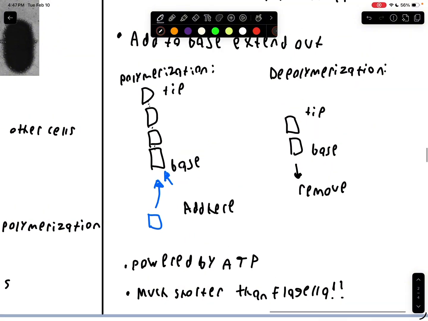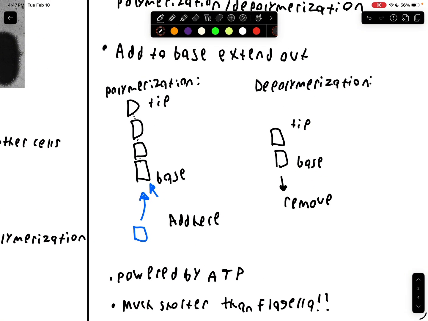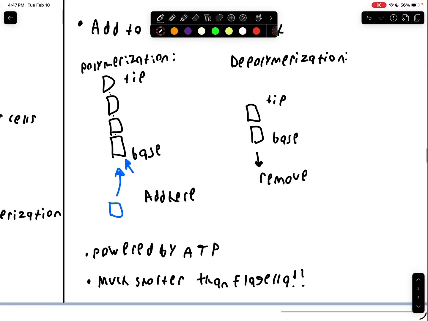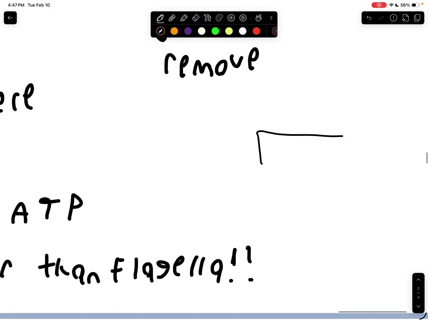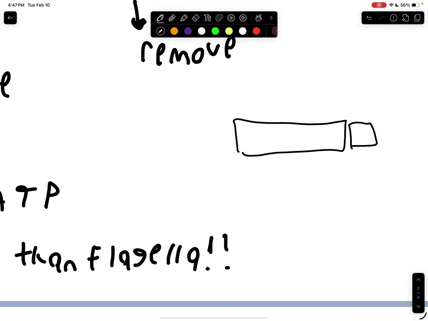So as you can see, I wanted to show you this part. Polymerization is when you're adding and the chain is growing. Depolymerization, you're basically removing again. So you're taking off pieces. And so if you can imagine, if you have this long chain attached to something, right? And you're a bacteria. You've attached yourself using your pili to this thing over here.